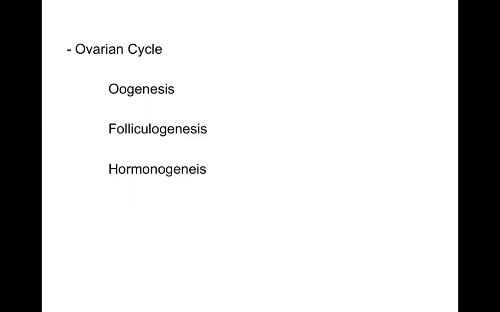So it's very important for you to understand that these two steps, which is the folliculogenesis and hormonogenesis, are very linked to each other, because the proliferation or division of follicles will lead to hormone production by the follicles themselves.